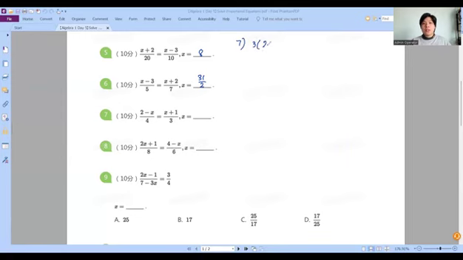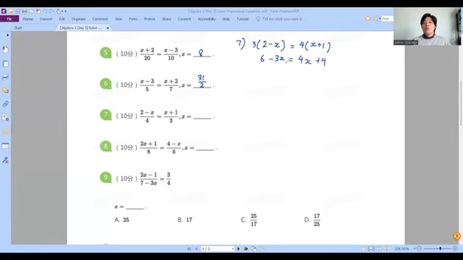That's 3 times (2 minus x) equals 4 times (x plus 1). Alright, 3 times 2 is 6. 3 times minus x, that's minus 3x. 4 times x, that's 4x. 4 times 1, that's 4.